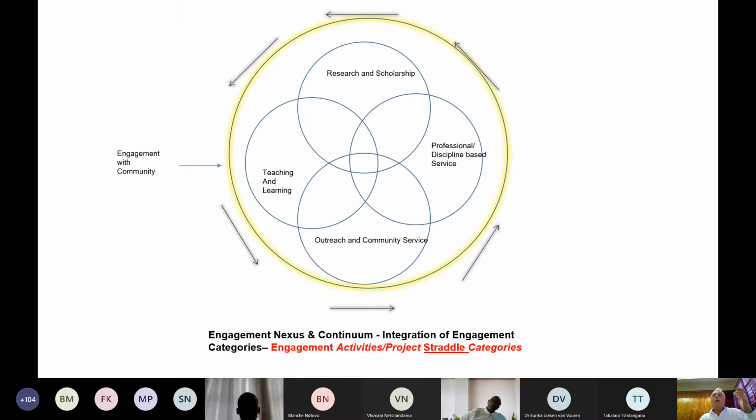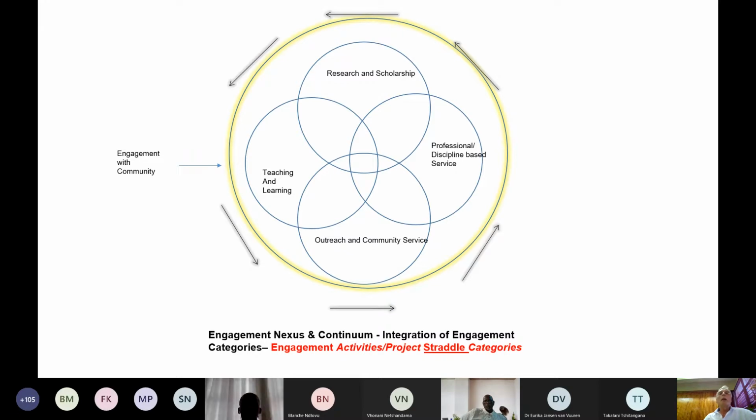Now, when you have a specific project, you'll find an engagement project will straddle one or two of these areas. It will have a professional discipline-based service component, and it might have a research component. So, for example, you start off, you go into the community, you do some outreach work, you realize that maybe there's an opportunity here to do capacity building.